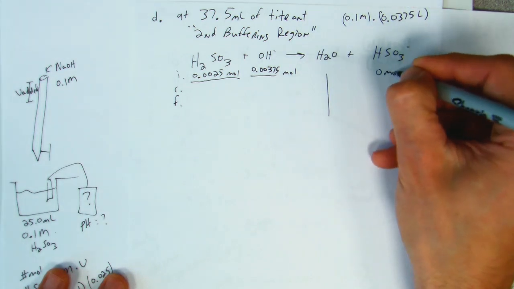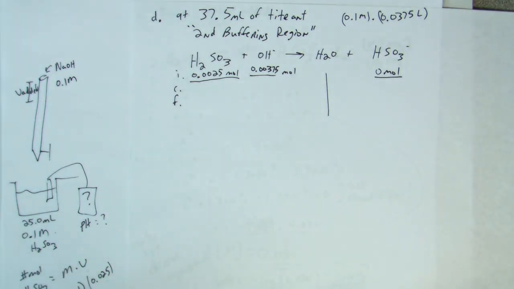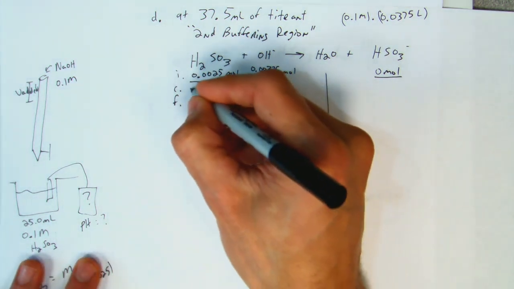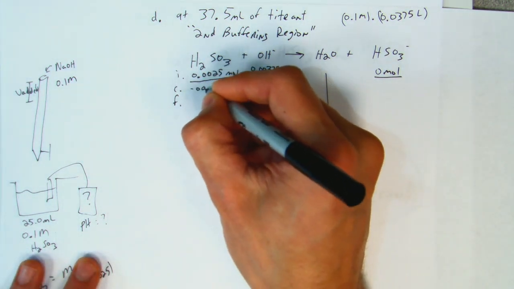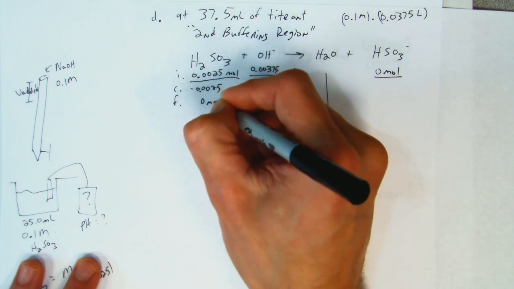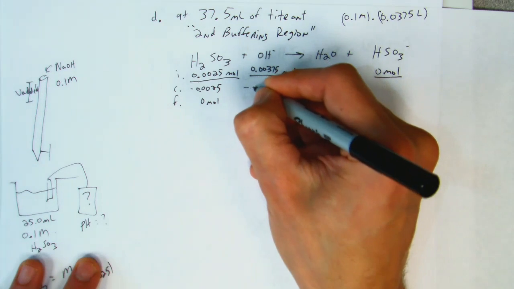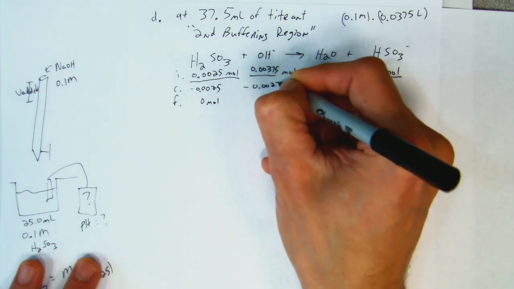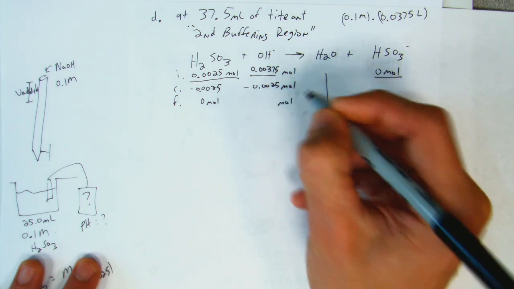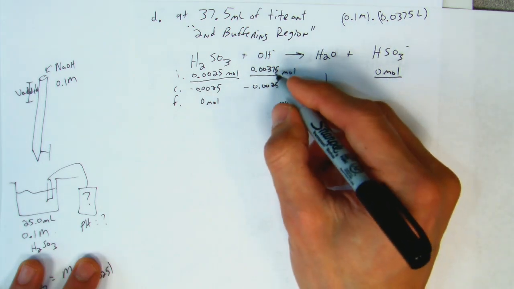Haven't made any of this yet. It becomes a limiting reagent problem. You run out of something. Here I'm going to run out of this stuff first. I only have 2.5 millimoles of it, and once I do, I'm out. Likewise, I can use 2.5 millimoles of this. And it looks like I'm going to have some of this left, won't I?